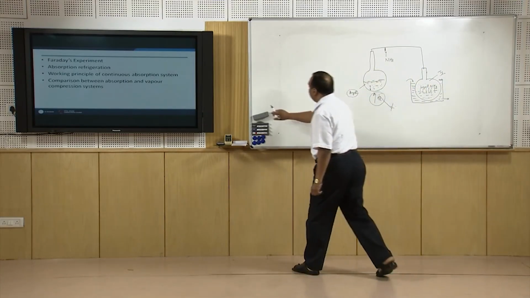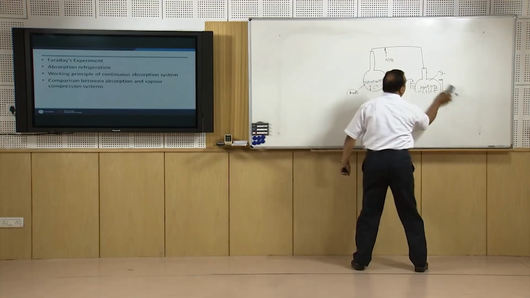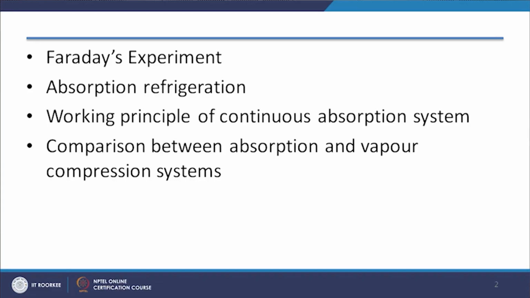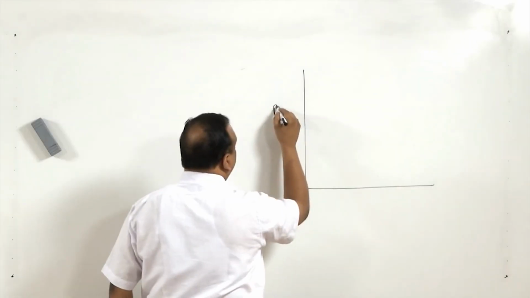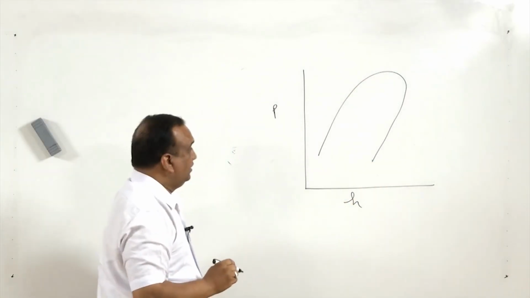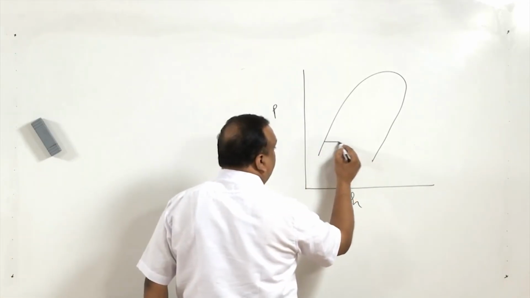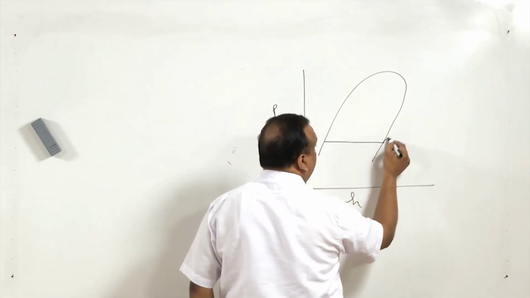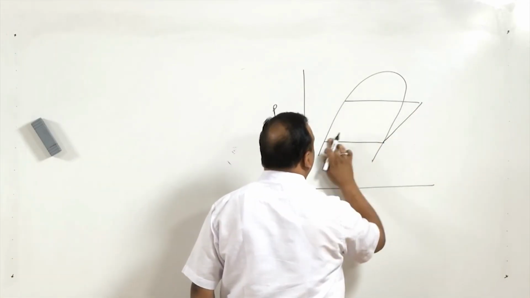Now what happens in a normal vapor compression system? If we look at the pressure and enthalpy diagram, after the evaporator, the vapors enter the compressor.